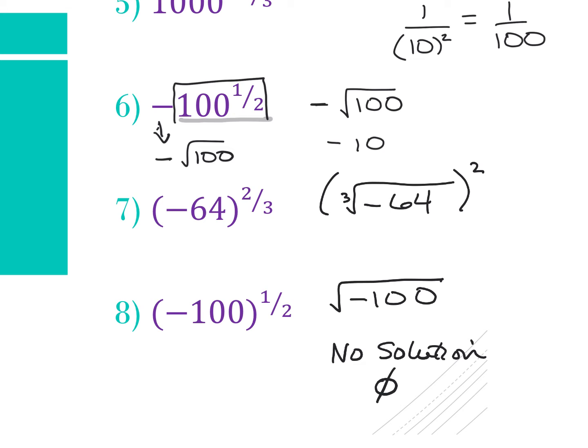So here I need to figure out what number times itself 3 times gives me negative 64, and that answer is going to be negative 4. Because negative 4 times negative 4 is positive 16, times another negative 4 gives me the negative 64. So you can find the cubed root of a negative number, just not a square root. So then now that I found the cube root, now I square it, and negative 4 times negative 4, this answer is positive 16.